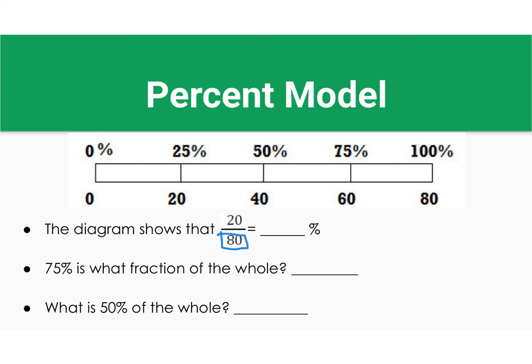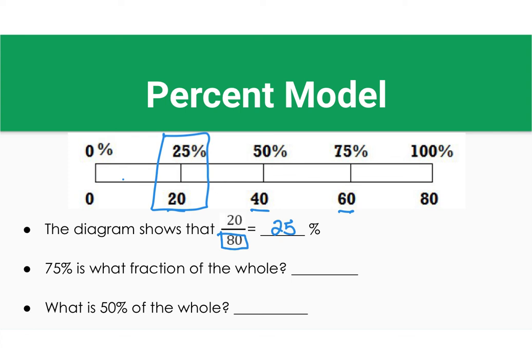Here it makes sense to go by 20s. 20, 40, 60. And if I do that, that leaves me with 4 blocks. So 100% divided by 4 would be 25% each. And that's what's going to line up with each one of those 20s. So the diagram shows that 20 over 80 is 25%.